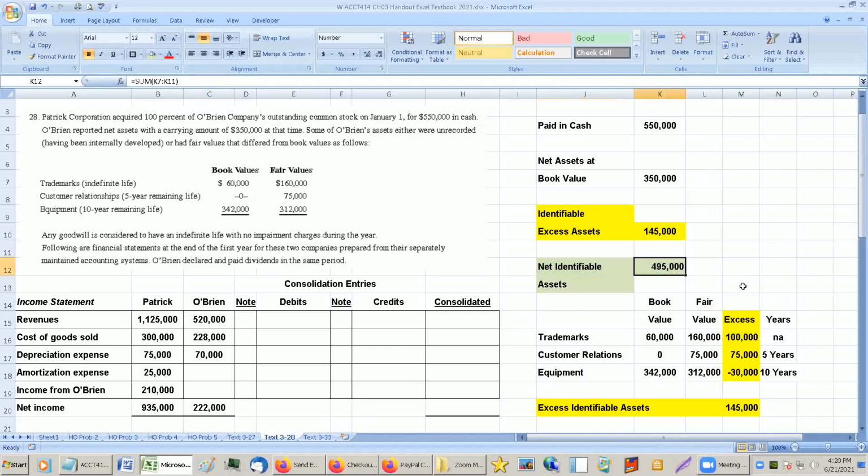Okay, so the goodwill, we would compare that. This is also called consideration sometimes. Hopefully they spell it better than I do. All right, so the net identifiable assets were 409. So the unidentified assets would be the goodwill, would be the 55,000.